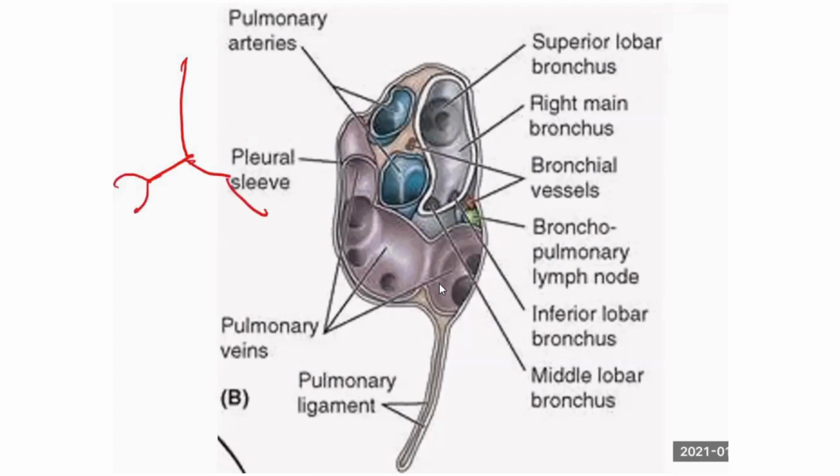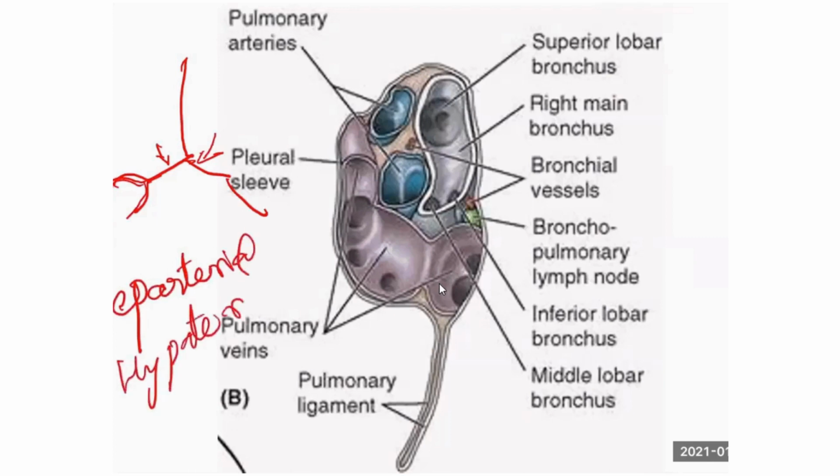There is only one bronchus on the left side. That is the difference between the right lung and the left lung.